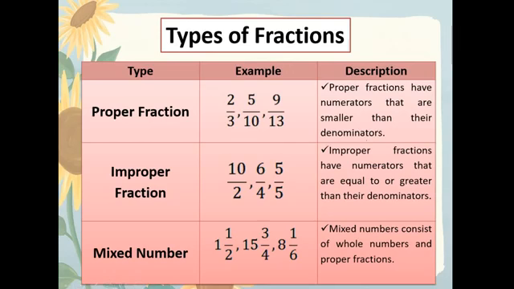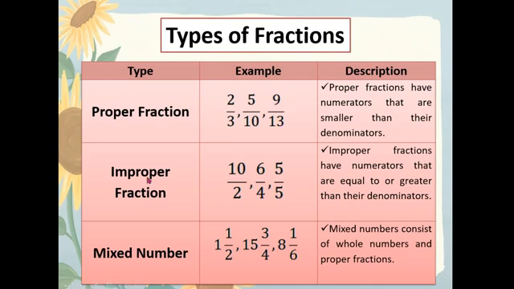Earlier, we studied that numerator is the number on the top of the fraction, while denominators is the number at the bottom of the fraction. In a proper fraction, the numerator is smaller than the denominator. Examples are 2 over 3, 5 over 10, and 9 over 13.